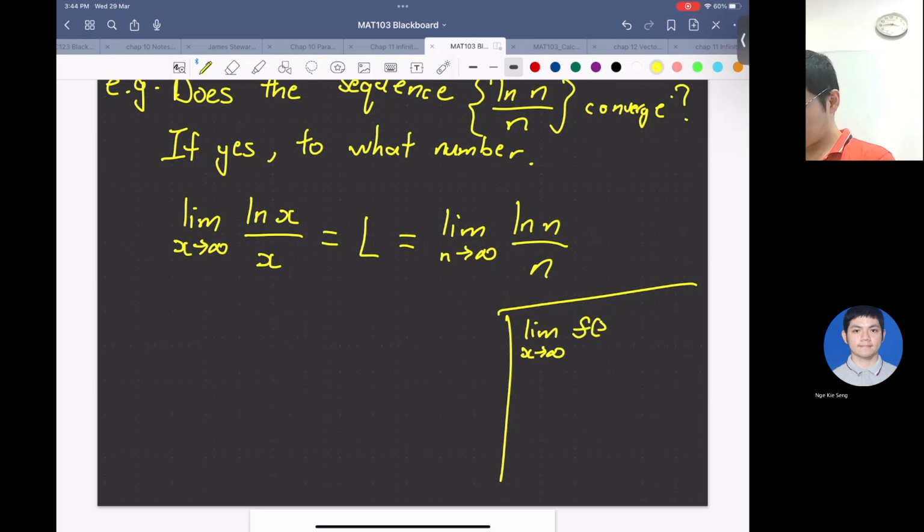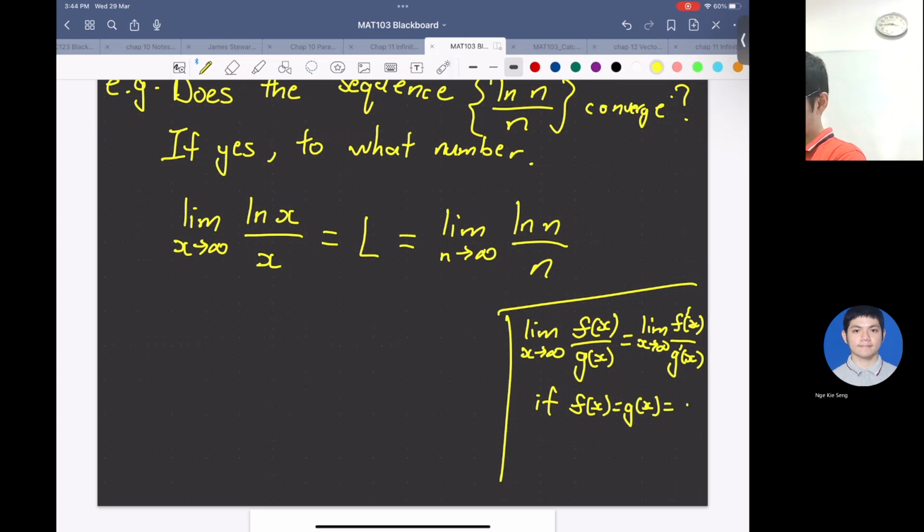The limit as x goes to infinity of f(x) over g(x) is equal to the limit of f'(x) over g'(x). These two are equal if what condition holds? If both of them are infinity. Let me write down first. If f(x), g(x) equal infinity, and then what else?